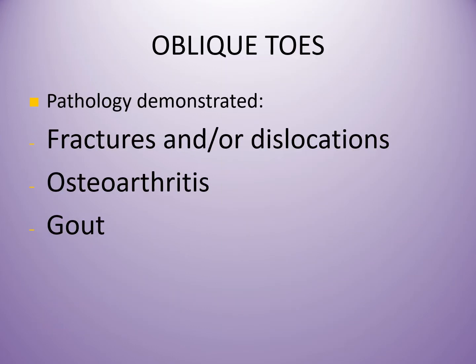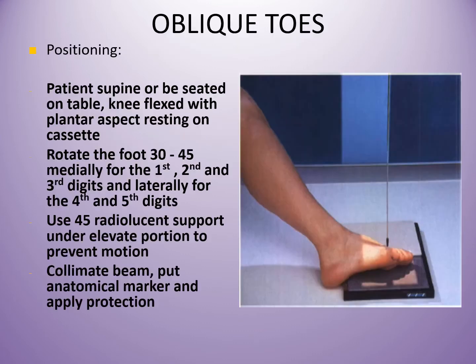And then go for oblique. Pathology is sama lebih kurang macam AP tadi. So positioning is, you either tengok tools yang mana satu. Alright, if you are projecting the first, second and third digits, it could be medially lah, lagi dekat dengan image receptor.